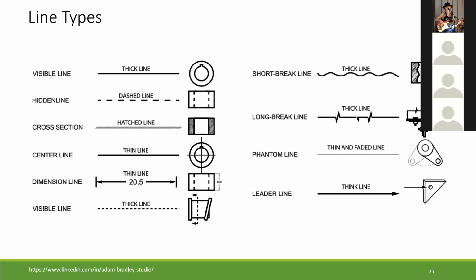And then if you have long breaks, so you have a thick line, then it'll be a lot more sharp with how it's doing it, not as wavy. Phantom lines show that the object can rotate or move. They're usually very thin, not pure black, more of a gray.